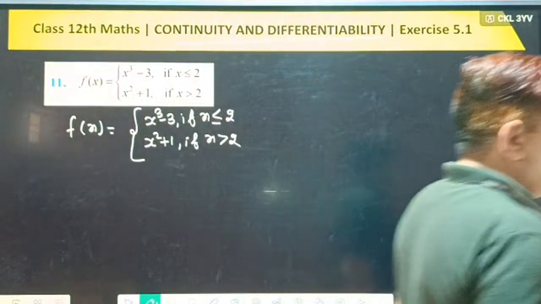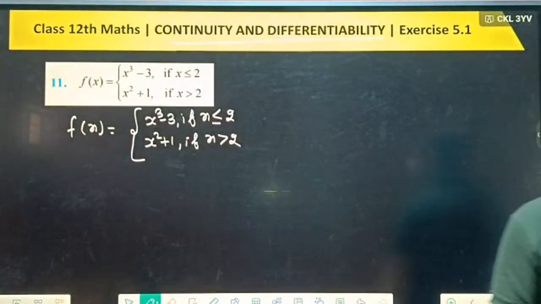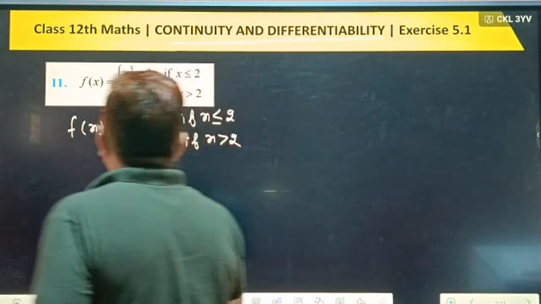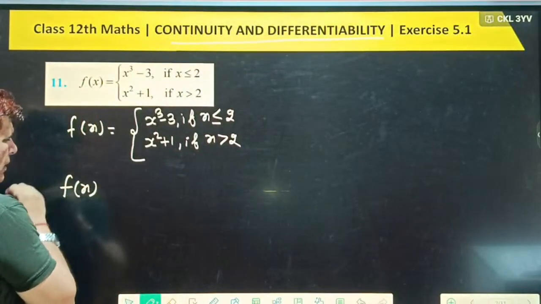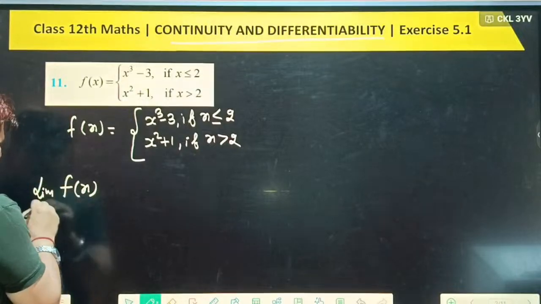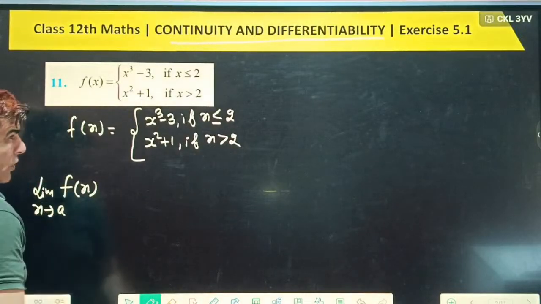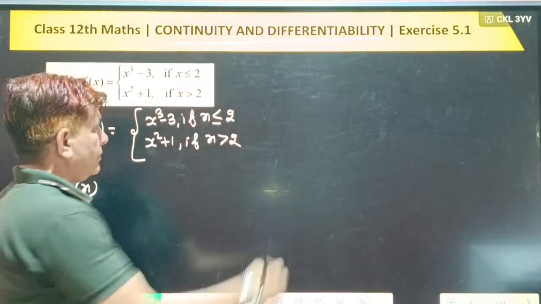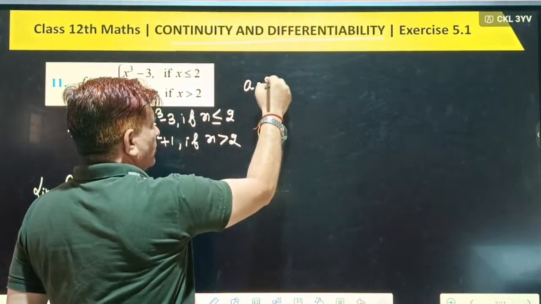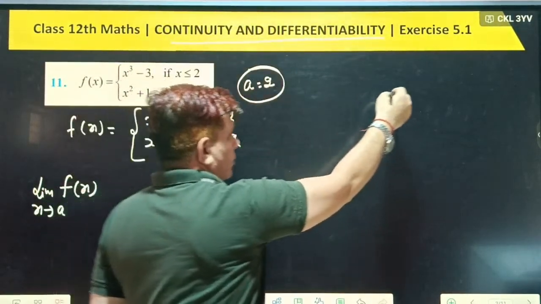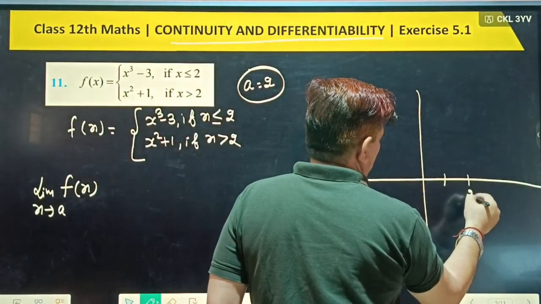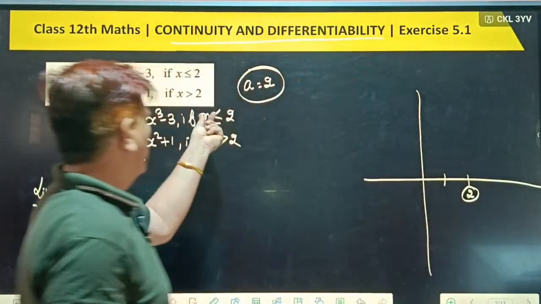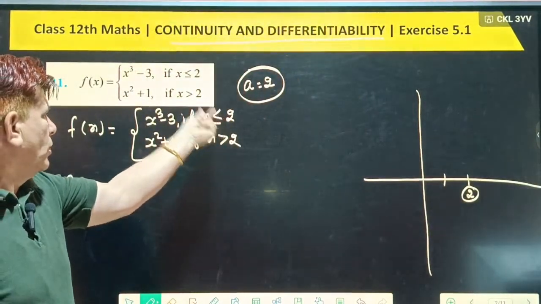What I told you: first we find the limit of f of x as x tends to a. What's a here? Here a equals 2. जैसे मैंने आपको बताया, here is 2; 2 is the limit point, x equal to 2.